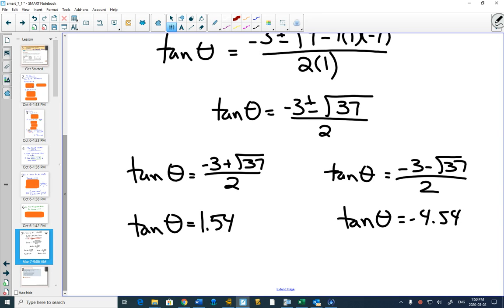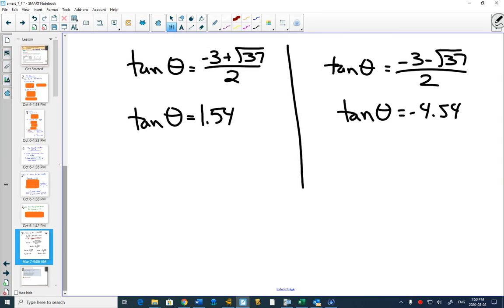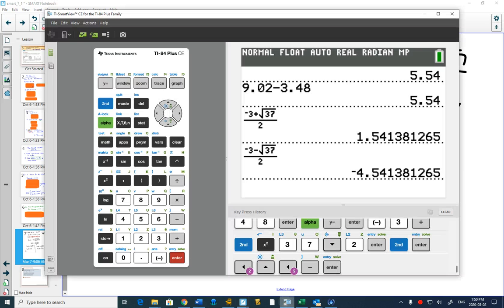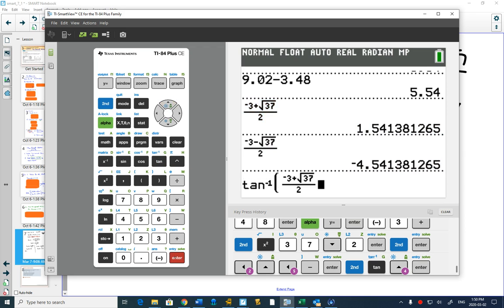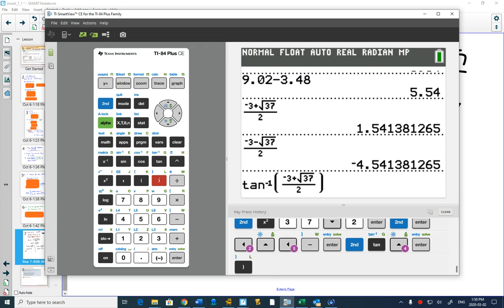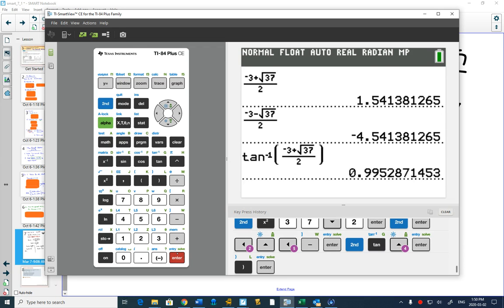We need to find our reference angles. I'm going to split it here. Our reference angle for this one is found by doing tan inverse of that value, 0.995.